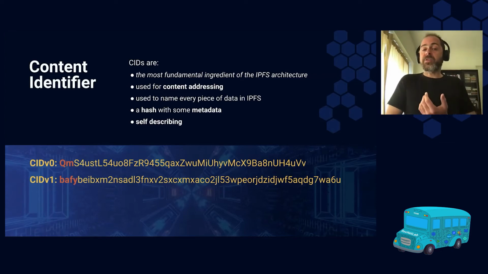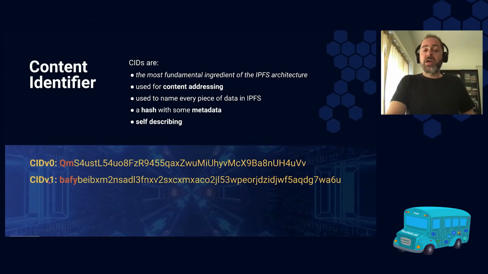CIDs are also self-describing because you can look at them and, in specific cases, understand several different characteristics of the hash. In this case, for example, we see that this hash starts with Qm, which represents CID version 0, and therefore we know how to process this hash from now on.